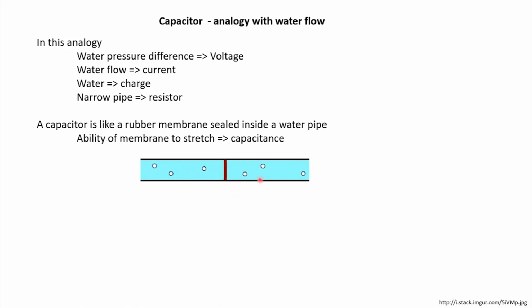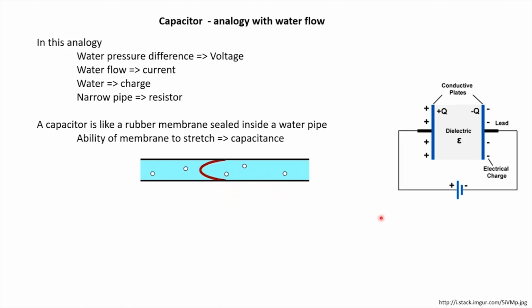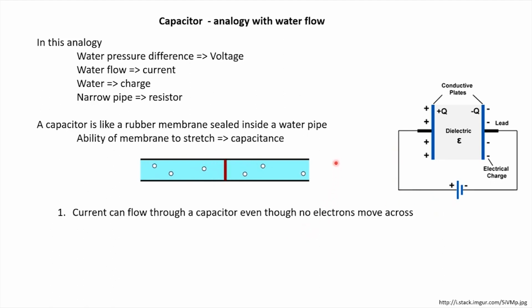Now let us compare this membrane with the electrical capacitance. And we can see that there are several similarities in their behavior. So one obvious thing is that if you apply some pressure difference, current can flow. So in the case of the pipe, if you apply a pressure difference in water, water will flow through this pipe, even though there is no water molecule that is actually crossing this membrane.